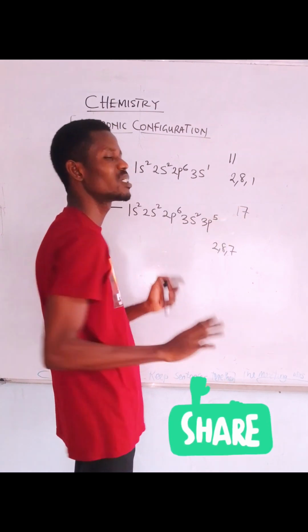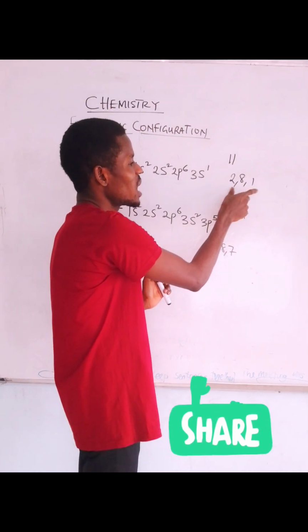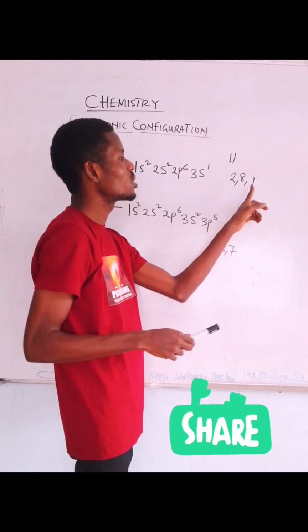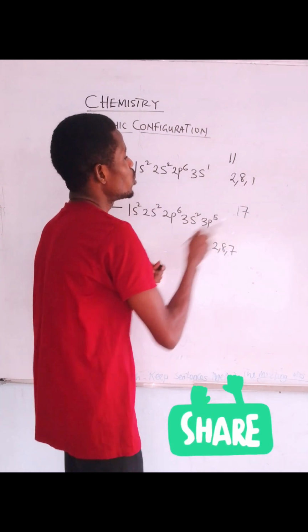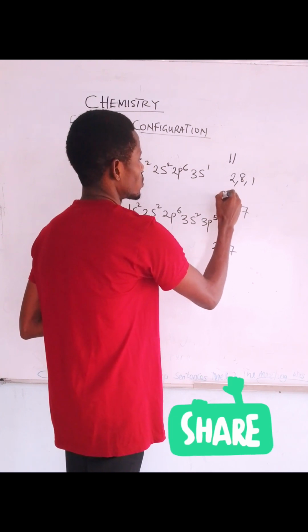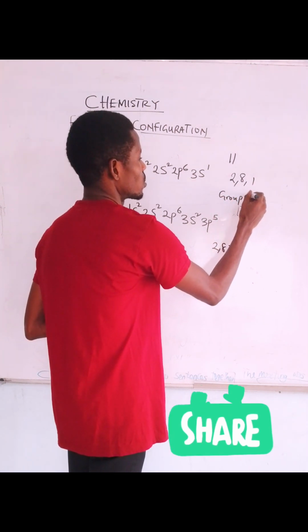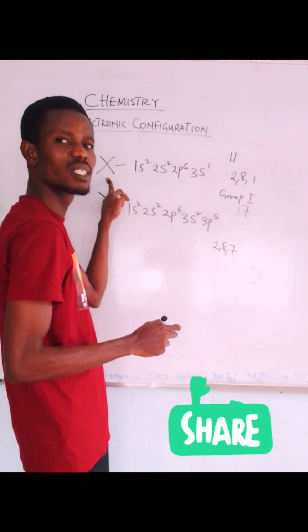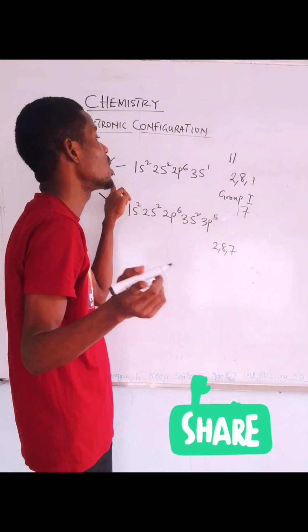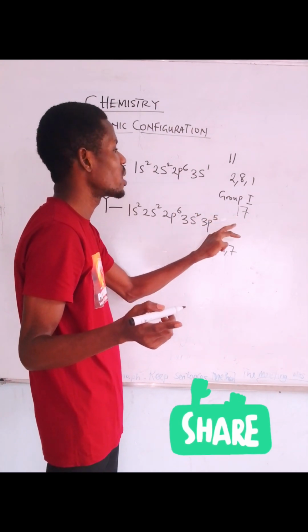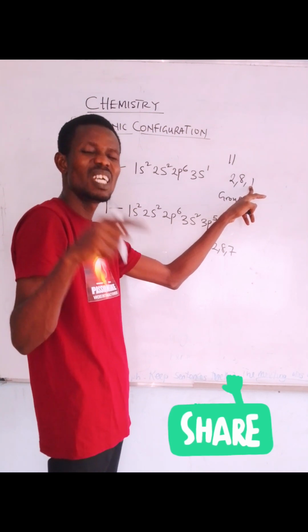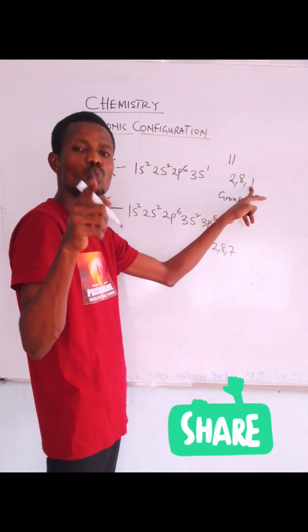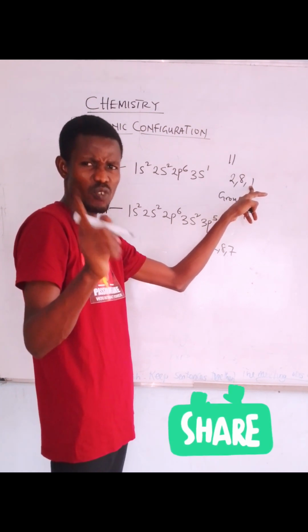Since the electronic configuration shows only one electron in the outermost shell of this element, it belongs to group 1. So this element X, that we don't know the name of yet, is in group 1. Why did I say that? The number of electrons in the outermost shell represents the group number of that element. I don't know if it is clear.